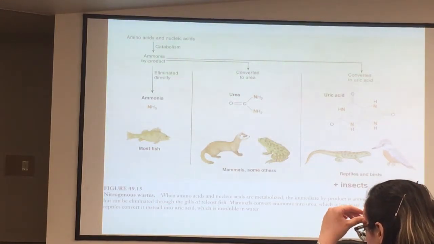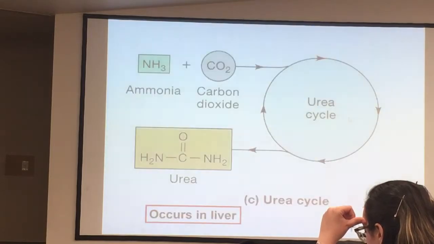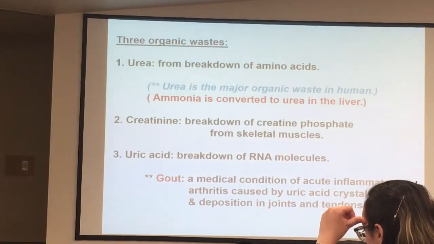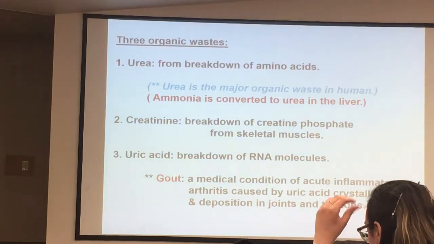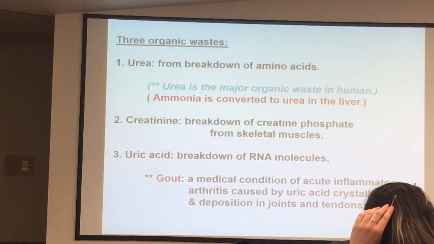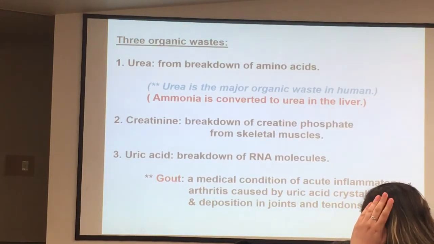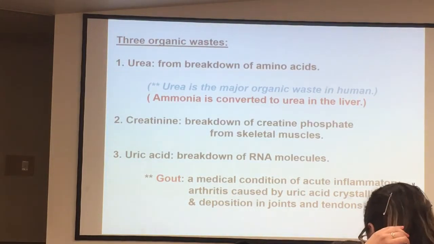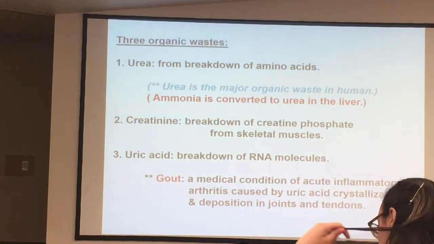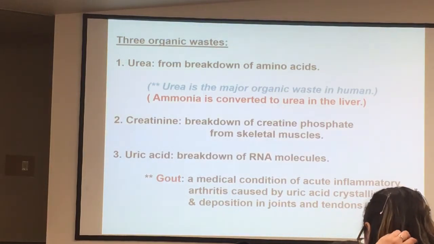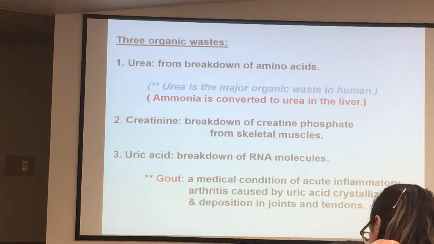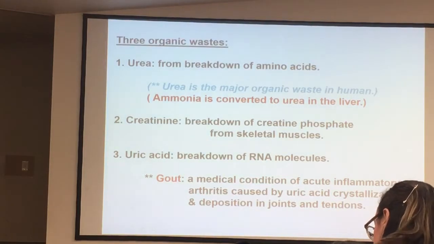Uric acid has two ring structures, and in humans, sometimes we have too much uric acid, and it becomes crystals and deposits in the joints. Could be on the toe, and any kind of neck area, and we call it gout.